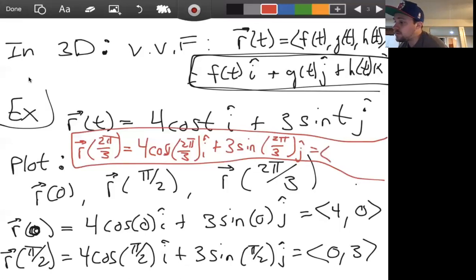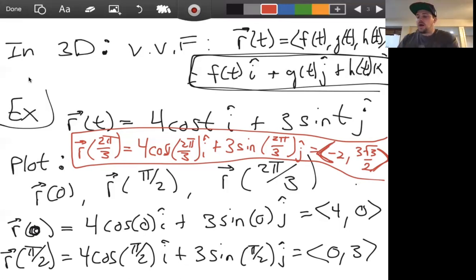Cosine of 2 pi over 3 is negative 1/2, so we'll get negative 2 in the first component. And the second component, sine of 2 pi over 3 is root 3 over 2, so we'll have 3 root 3 over 2. Okay, and so r of 2 pi over 3 is the vector negative 2, 3 root 3 over 2.